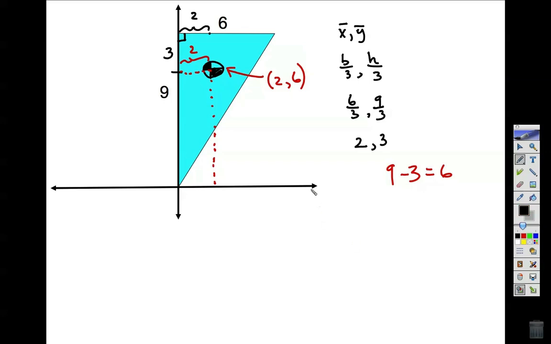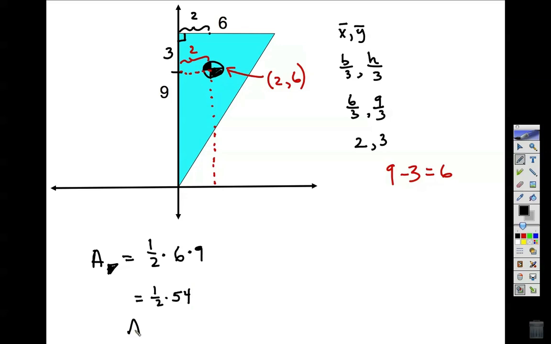Alright, we're going to make things easier as well. We're going to find the area of that right triangle. 1/2 times the base, which is 6, times the height, which is 9. 6 times 9 is 54.